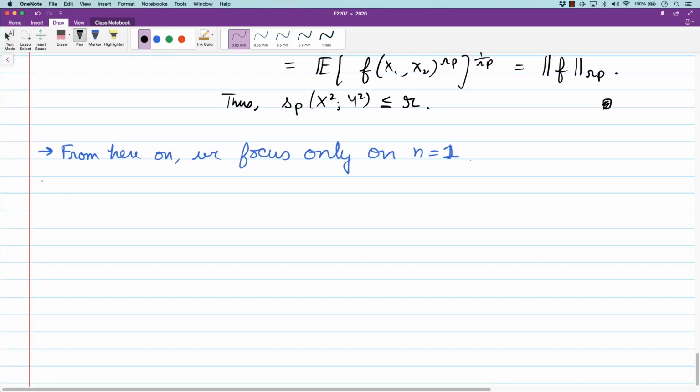Now the third simplification. This is very interesting. This one will relate hypercontractivity to the so-called strong data processing inequality.